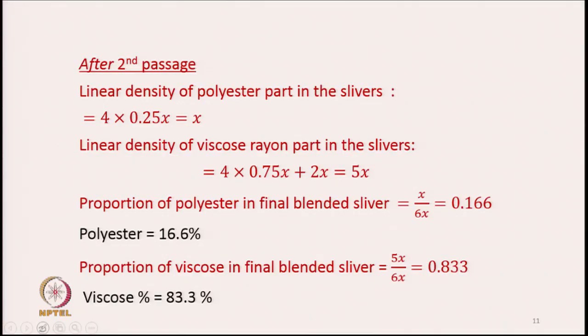We are feeding 4 slivers, and each PV sliver is containing 0.25 proportion of polyester.